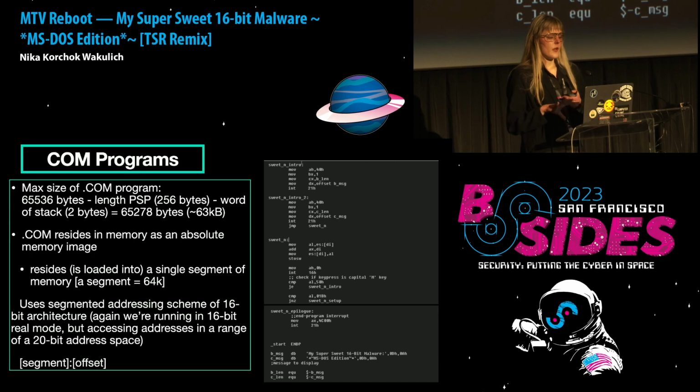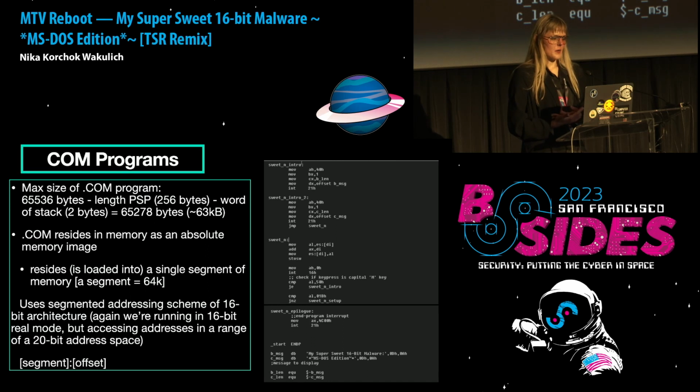A few important rules for COM programs: there was a maximum size, which is roughly 63 kilobytes, including the length of the PSP. COM programs resided in memory as an absolute memory image, and by resides, here we mean is loaded into, a single segment of memory, which is 64 kilobytes.